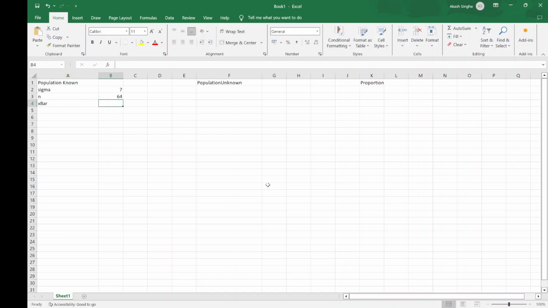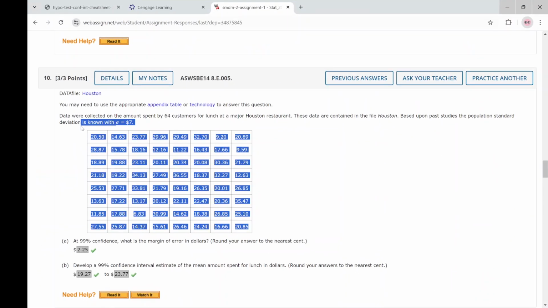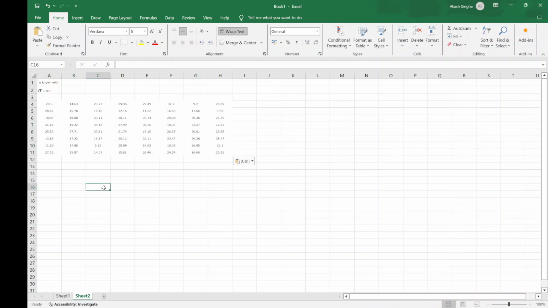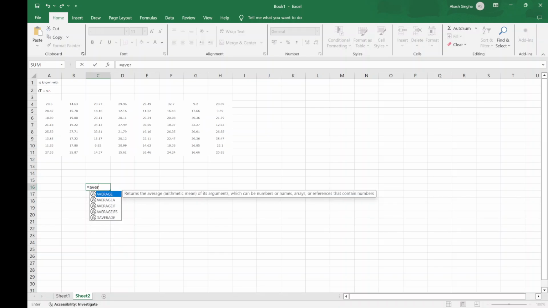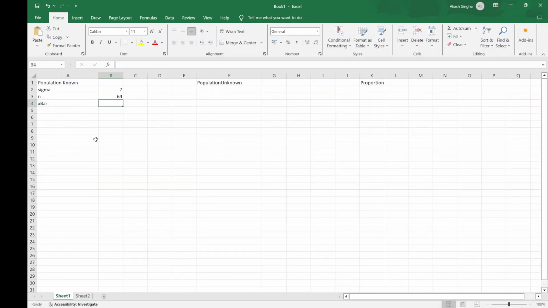X bar is the average from your sample. So if we select the whole table and take the average of the whole thing, it comes to 21.52. So x bar is 21.52.